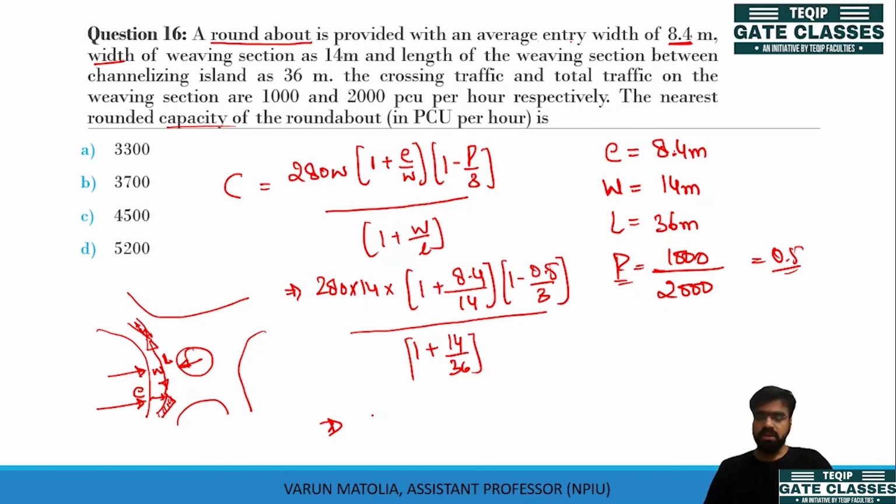My solution is coming out to be 3763.2 PCU per hour. So the nearest answer I can get is 3700 PCU per hour.